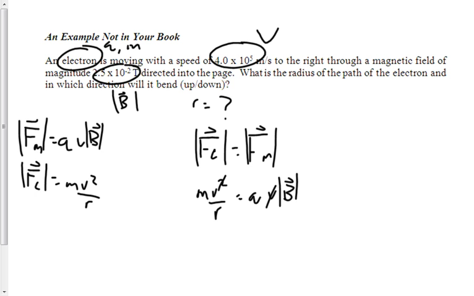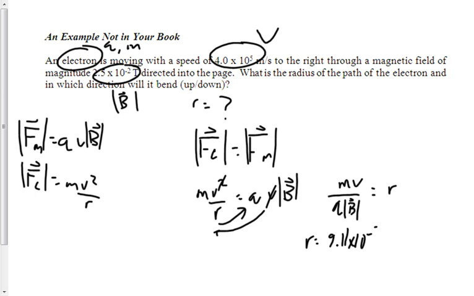And you want to solve for r. Let's take the r up by multiplying, and let's take the q and the b down by dividing. I end up getting mv over qb equals r. Or r is equal to 9.11 times 10 to the minus 31 times the speed divided by the charge, which is an electron.